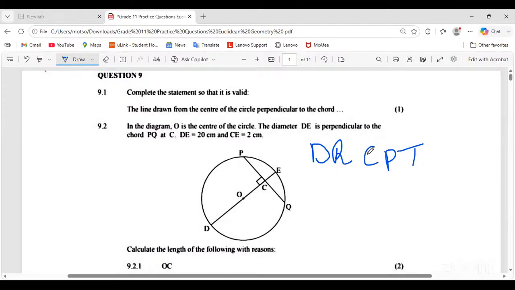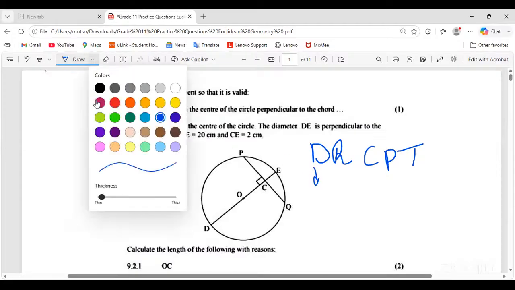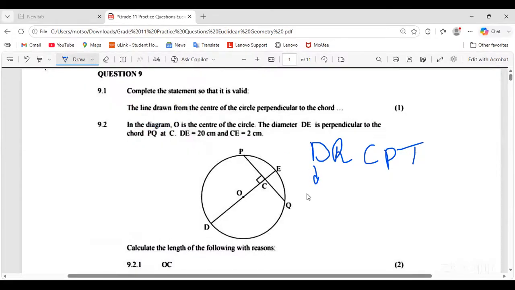Then you will write it in short, DRCPT, where the D is the diameter, the R is the radius, the C is the cyclic quad, the P is parallel lines, and the T is the tangent, right?